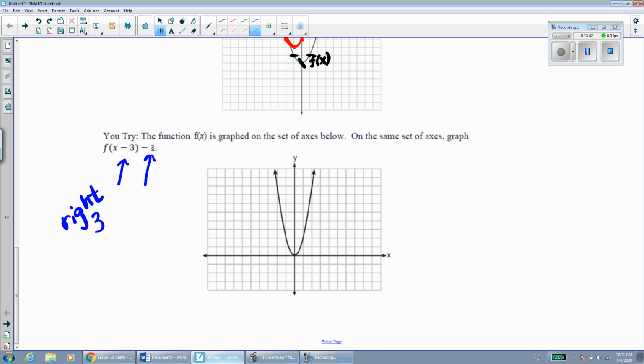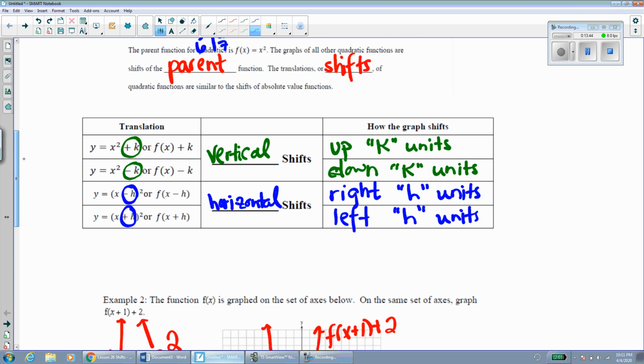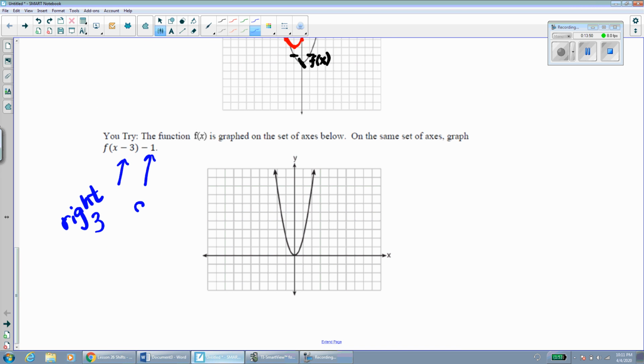And then over here, if I'm subtracting outside of my parentheses, I'm going down. So I'm going to go down 1. Okay, so what I'm going to do next is create my points on my parabola. So I have a point here, I have a point here, and a point here. And I have a point here and a point here.